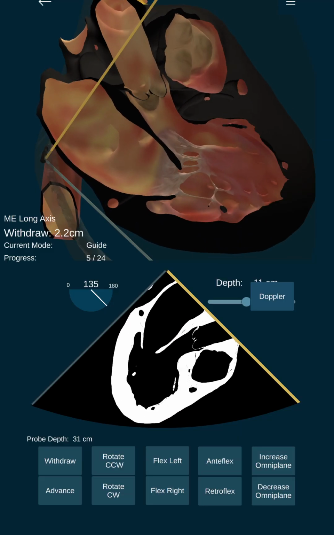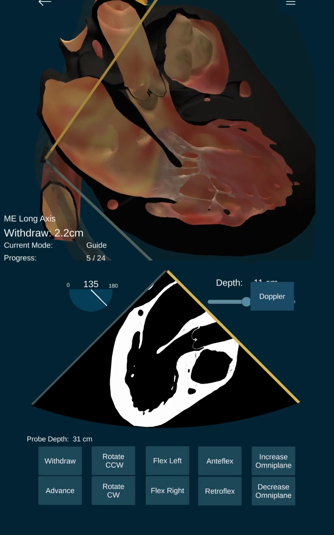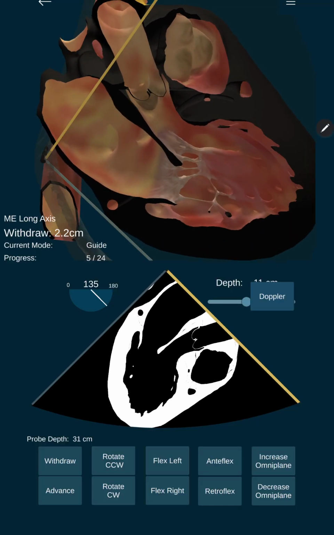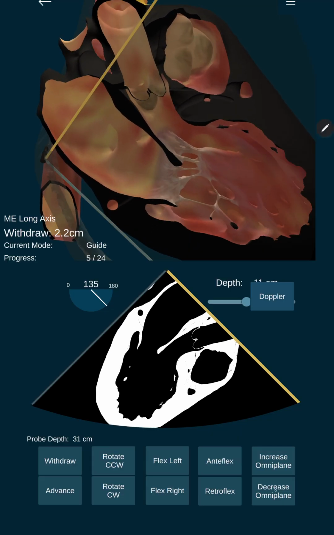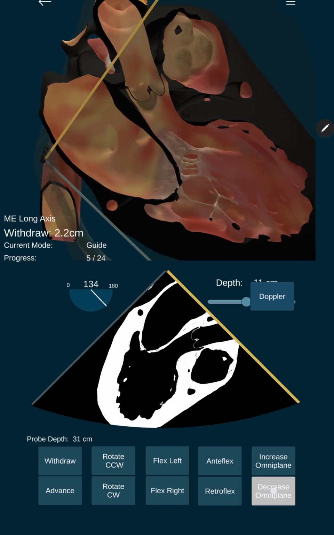These are the particular angles at which we can see specific segments of the mitral leaflet with little fine adjustments. Reversing the whole process, this is the long axis wherein we can see the A2 and P2 segments of the mitral leaflet.